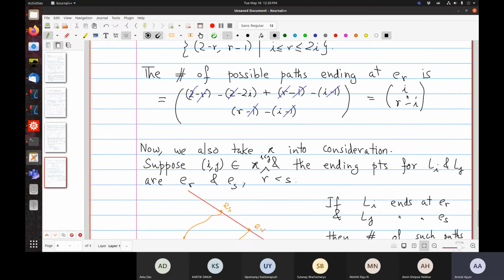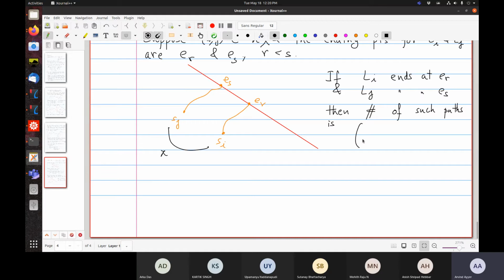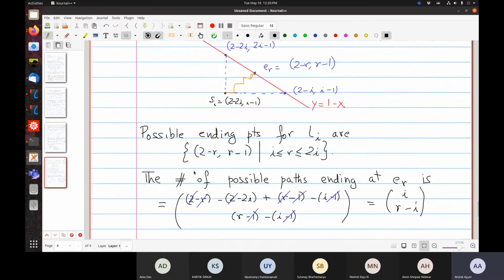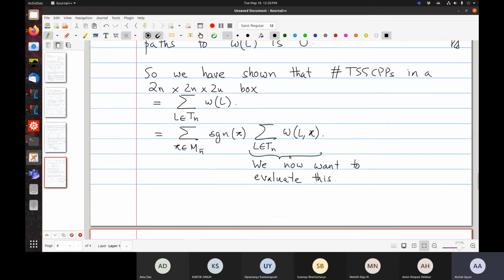So for each of them we have this formula. So this will give i choose r minus i, j choose s minus j. And this will automatically take care of the fact that E_s should not wander away too far from Sj, that is, it shouldn't go too far left or too far below, and similarly this is automatically going to take care of it. Okay. Note that we are not imposing any non-intersecting business. We are taking this sum.